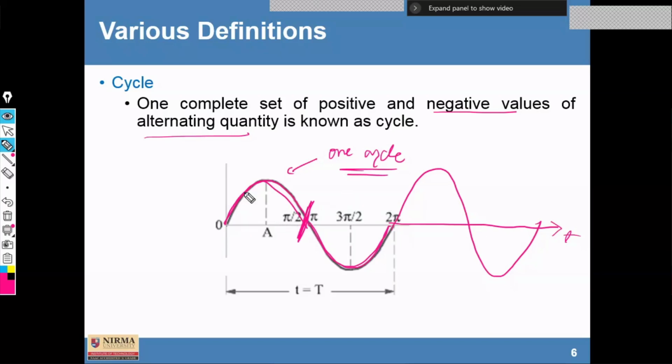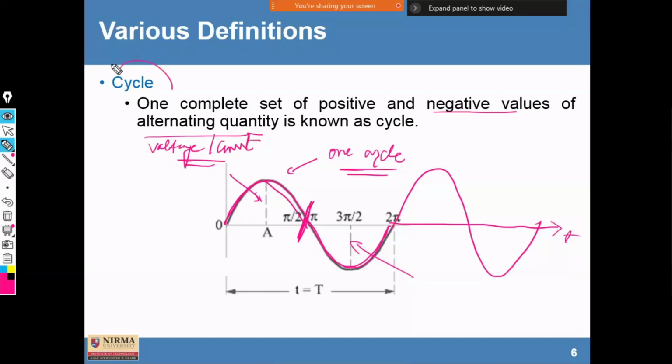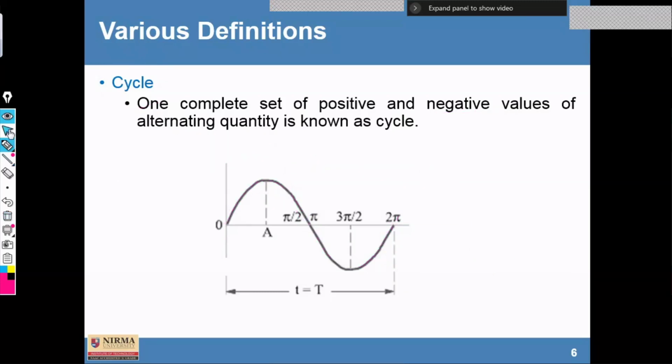A cycle always has one positive and one negative set of values of an alternating quantity. The quantity may be a voltage or a current. Got it? So what is a cycle? One complete set of positive and negative half cycles of an alternating quantity is known as a cycle. Okay. Now next definition.